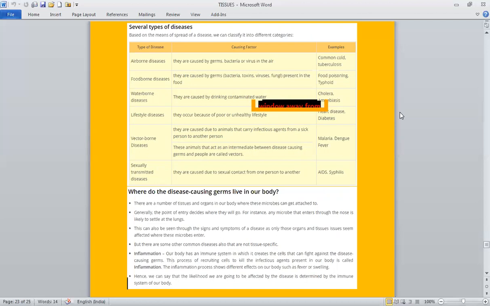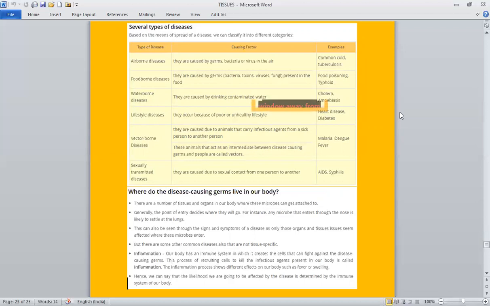diseases. Then comes vector-borne diseases. They are caused by vectors or by animals that carry infection from a sick person to a healthy person. Examples: malaria, dengue, chikungunya fever. Then lifestyle diseases.